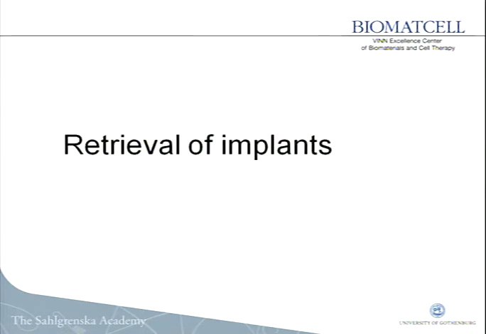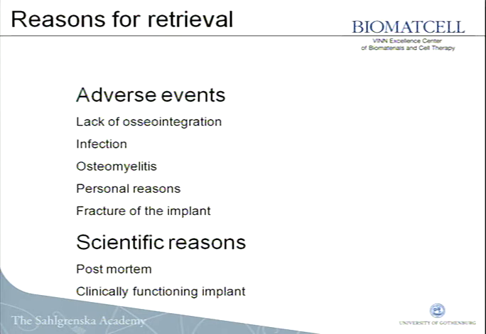And as Peter Thompson described, there are many different animal experimental models. We want to look at the actual implant from patients, and it's very important to know how it looks from the patient to understand the experimental models. So it's an important process to retrieve, and there are many different reasons why you retrieve implants from patients.